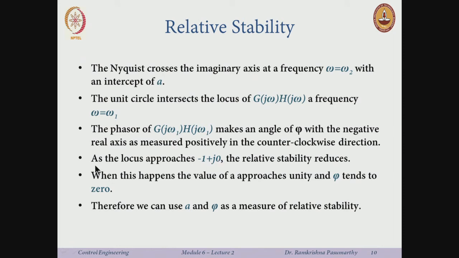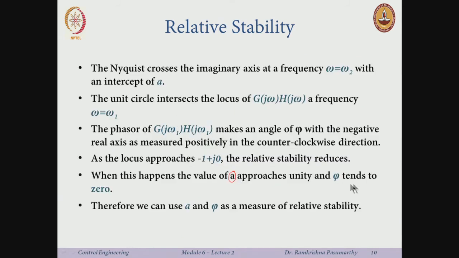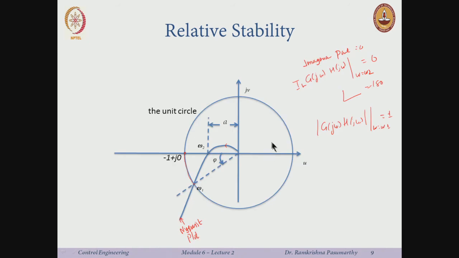And then well, this is now kind of known to us, and we know why this is true, that as the locus approaches -1 plus j0, the relative stability reduces, okay. And this happens in two cases, right. So, this happens when the value of A approaches unity or φ approaches 0, or you know, this angle, if I measure from here, the angle of G(jω) should be -180.